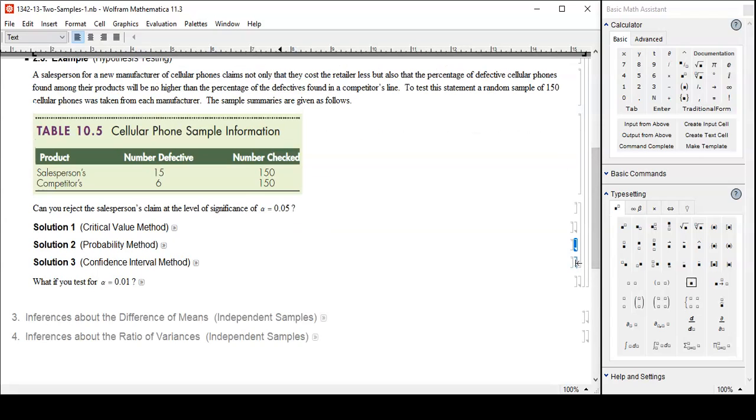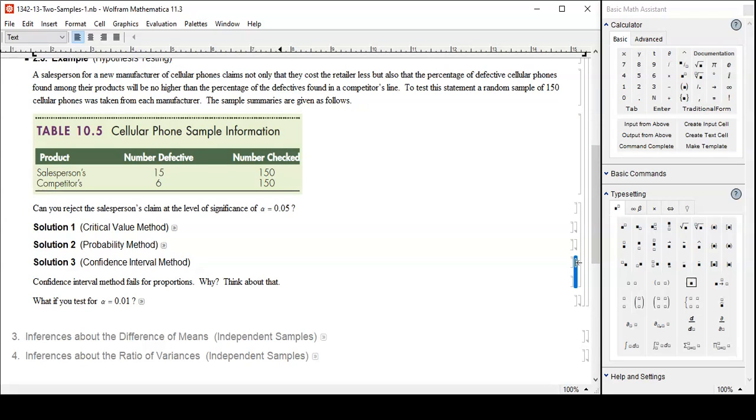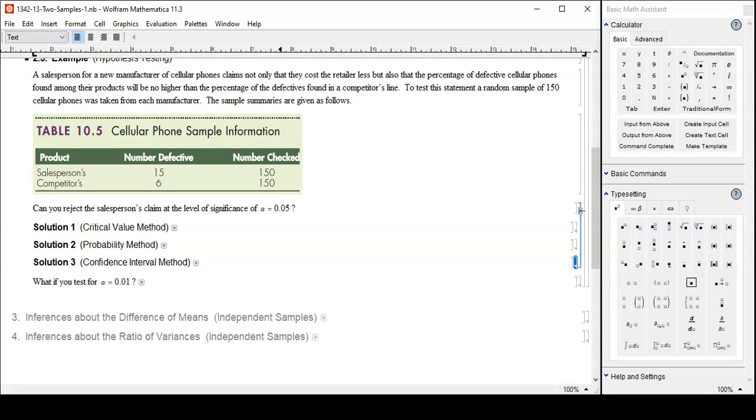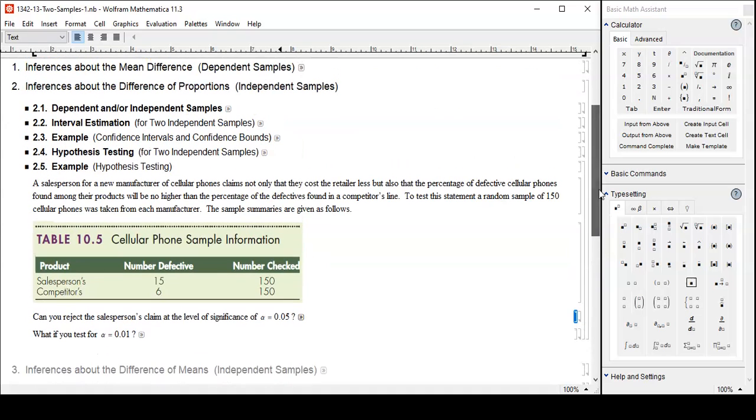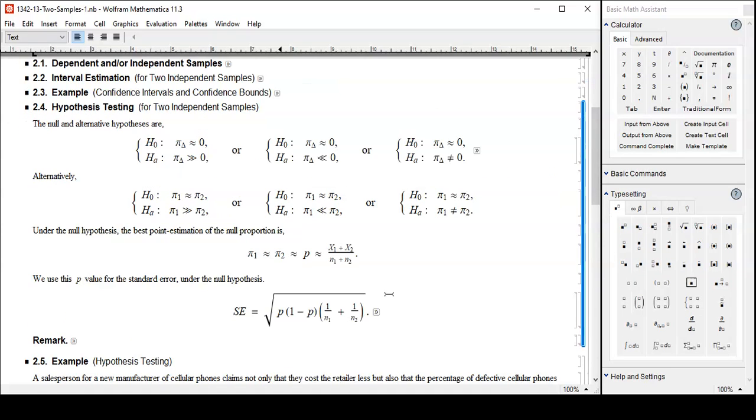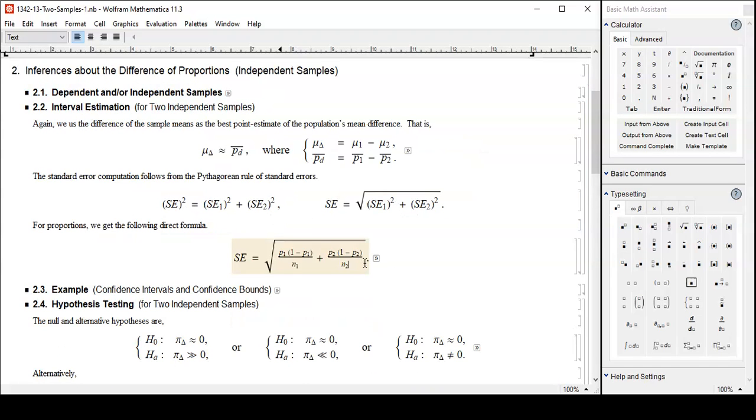Finally, the confidence interval method. That's not going to work for proportions. Why? Because we have two different SEs. You see this SE versus this SE. For the confidence interval, we use this SE formula.